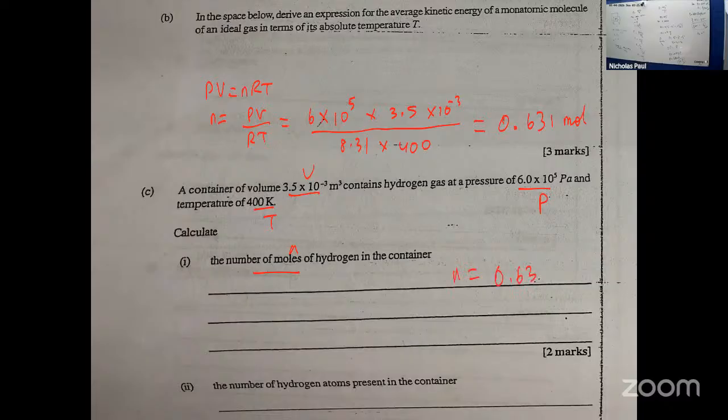How will you get the number of hydrogen atoms? Using the next formula, right? PV is equal to NkT.